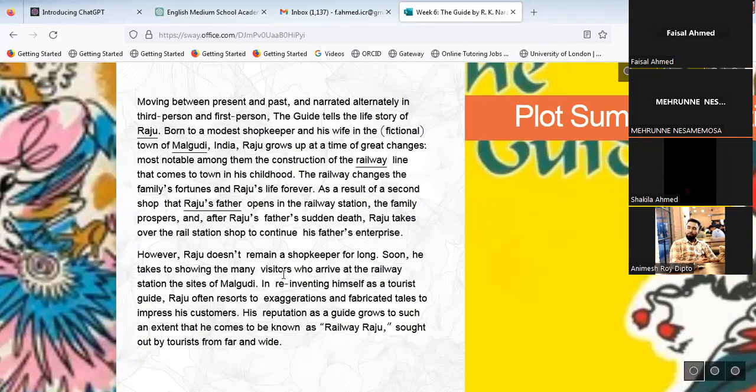So the railway changes the family's fortunes and Raju's life forever. As a result of the second shop that Raju's father opens in the railway station, the family prospers. And after Raju's father's sudden death, Raju takes over the rail station shop to continue his father's enterprise or business. However, Raju doesn't remain a shopkeeper for long.